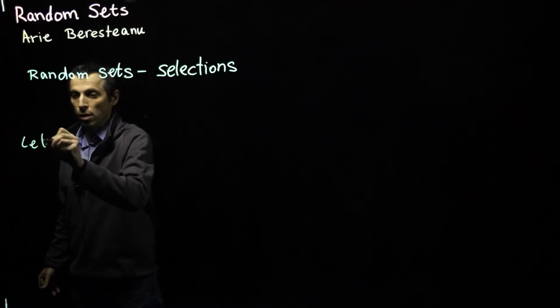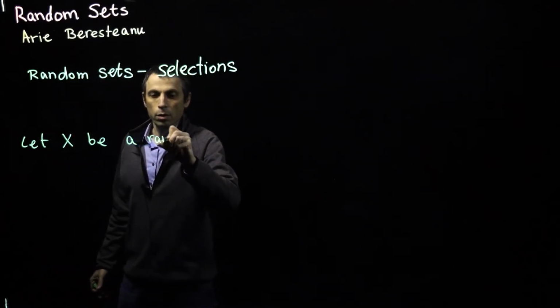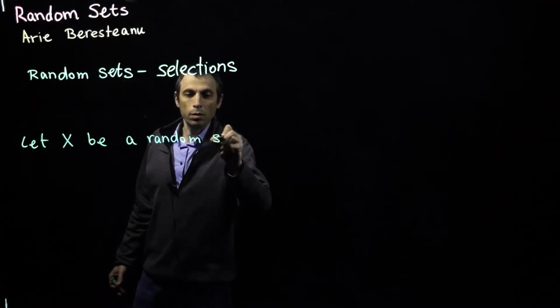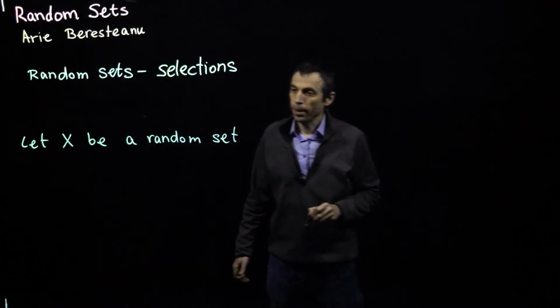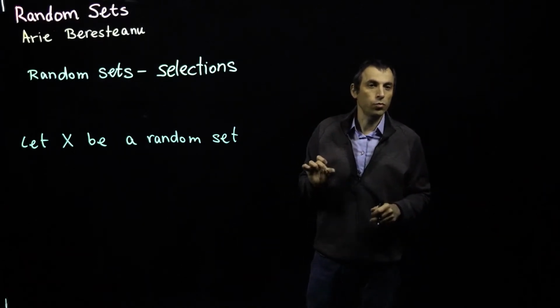Let X be a random set. Let's pick for every omega just one point out of the set.